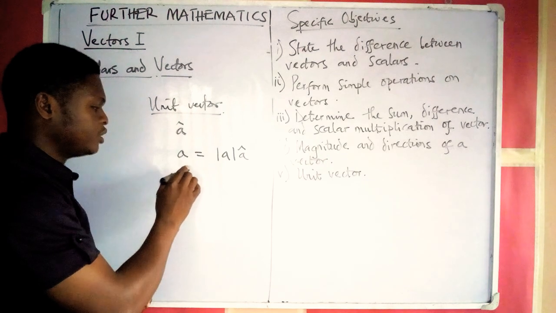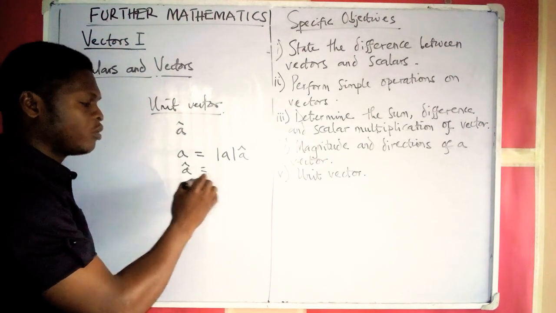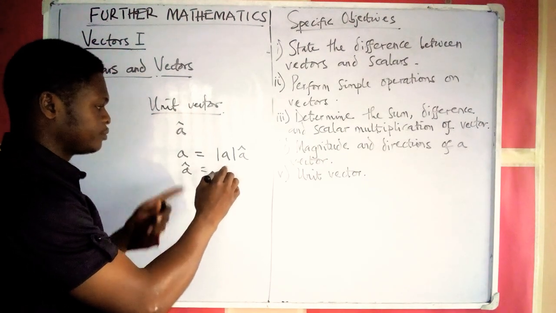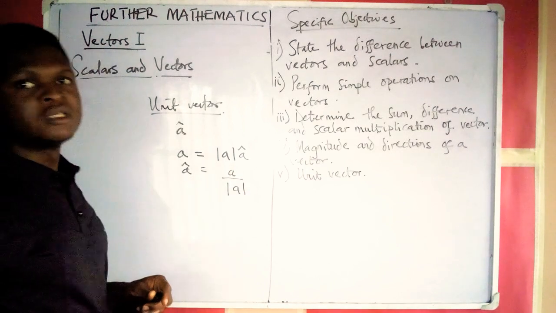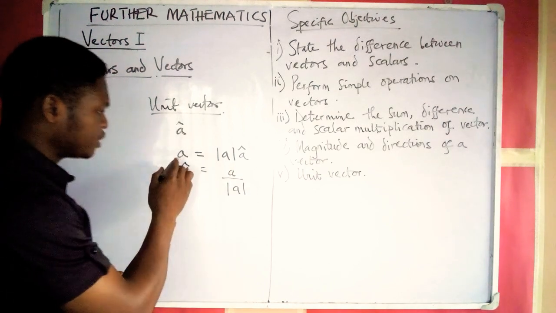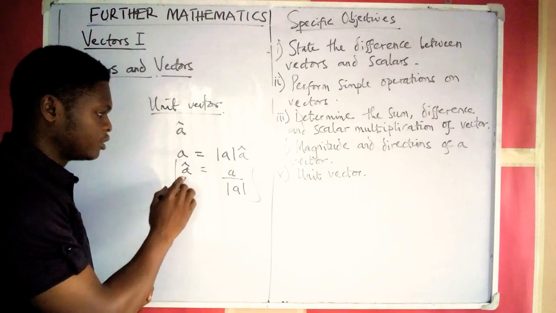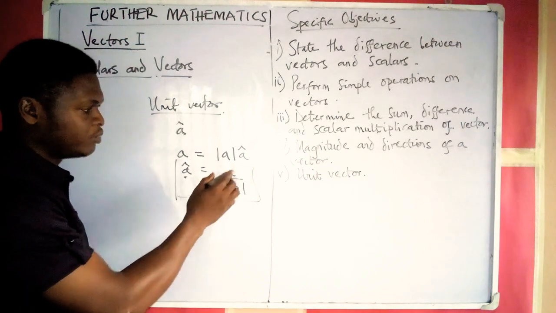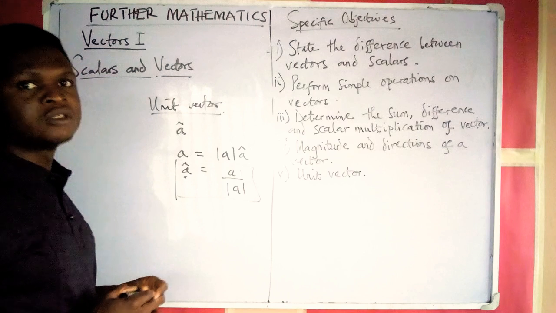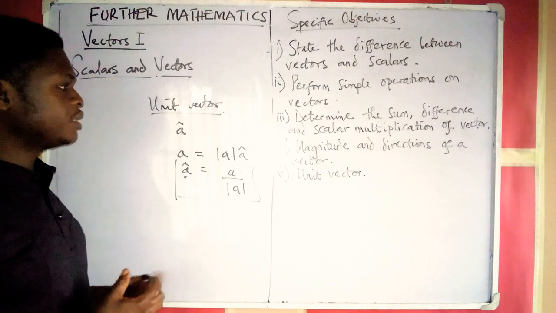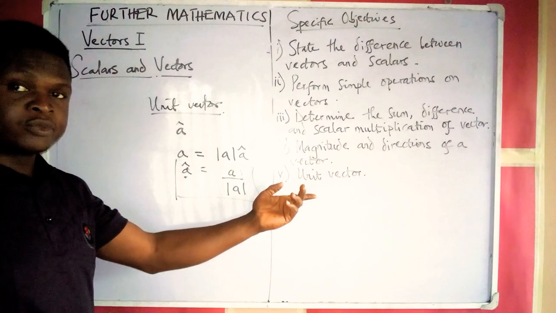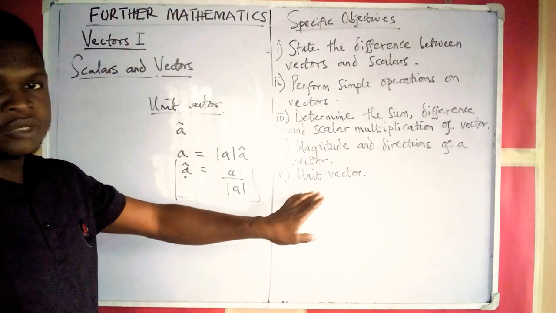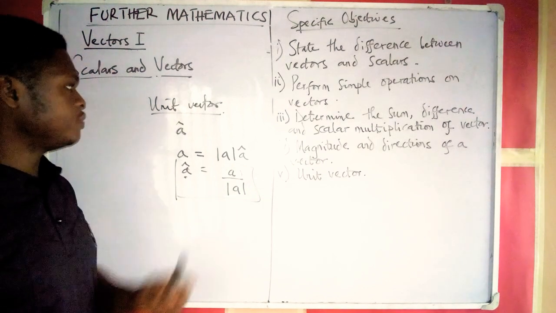Meaning that unit vector A cap is equal to A upon the magnitude of A. So this is the expression for the unit vector in the direction of vector A. We will look at how we can use this to solve problems when we get to this last objective here.